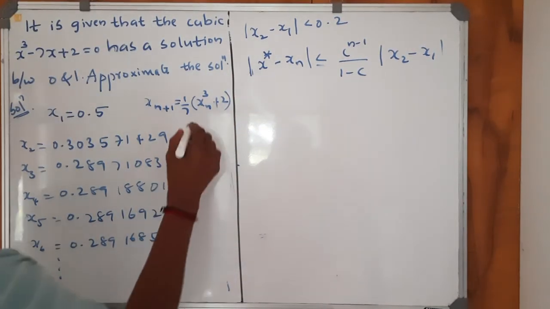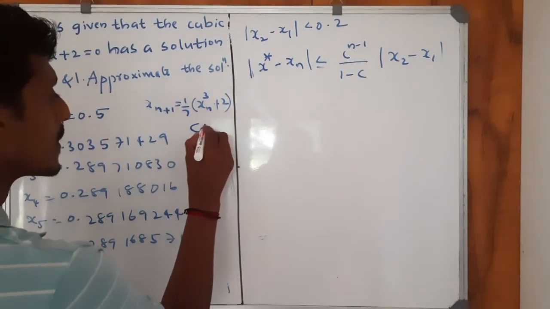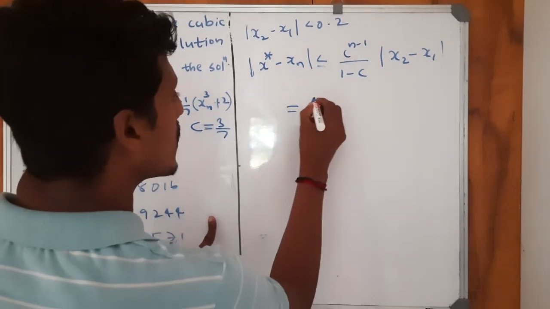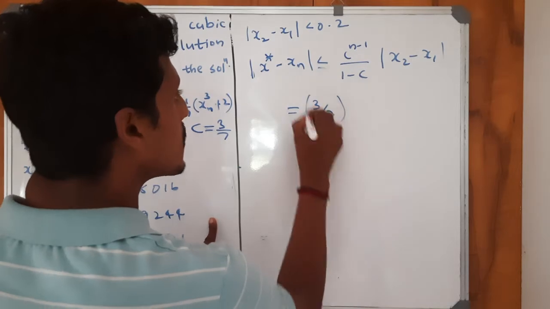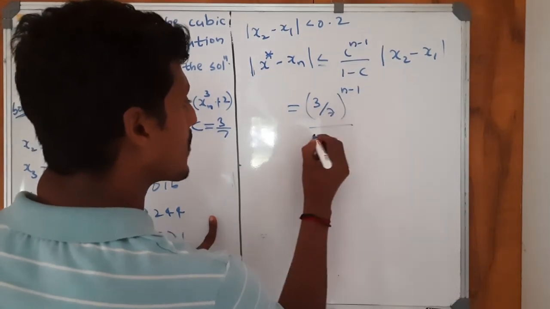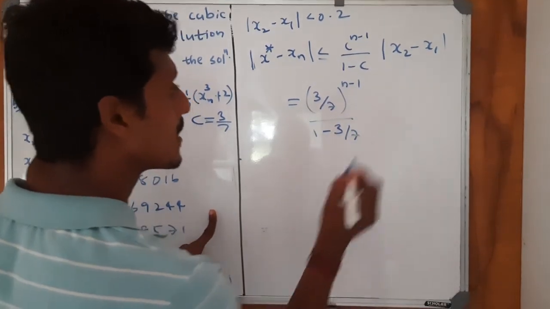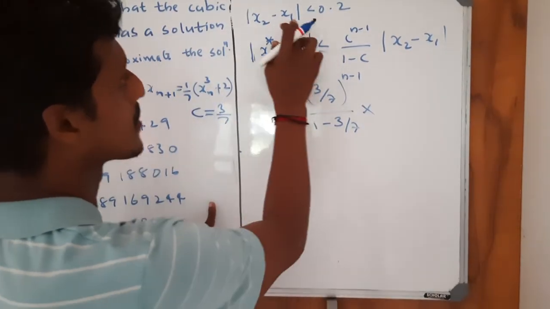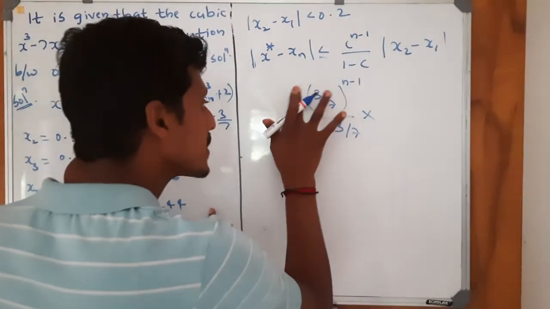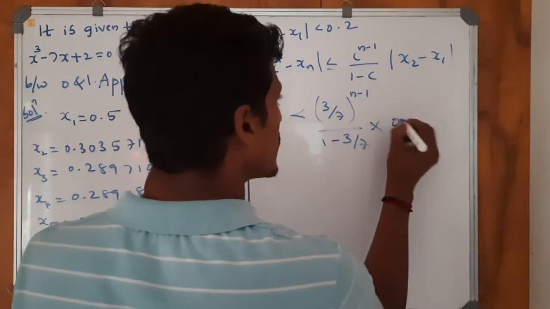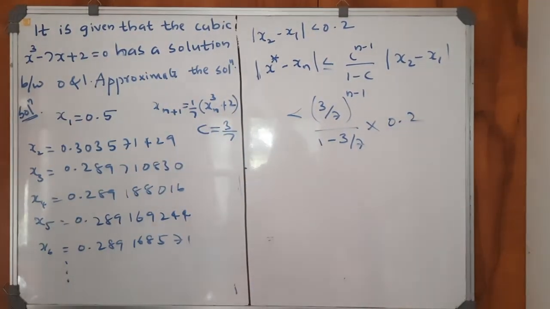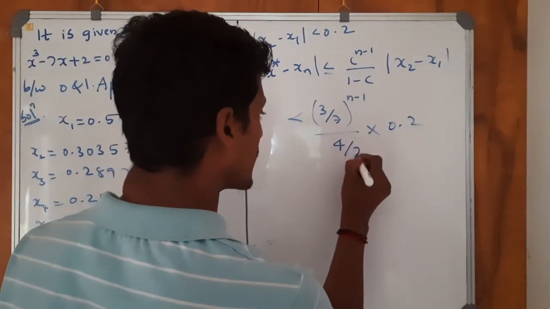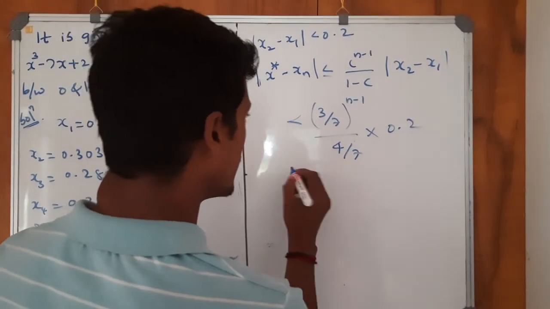So here c is equal to 3 by 7. So this is equal to 3 by 7 whole raised to n minus 1 divided by 1 minus 3 by 7 into, of course, modulus of x2 minus x1, which is less than 0.2. So this becomes 4 by 7. 7 goes upside.